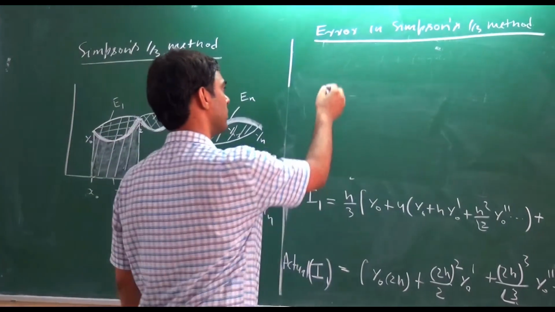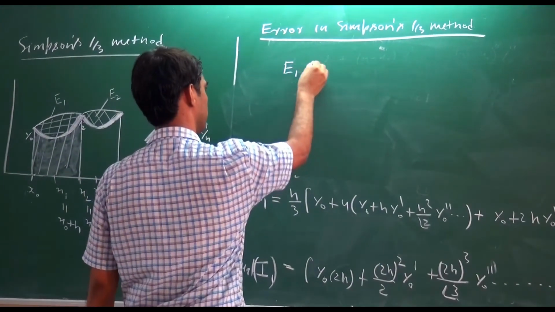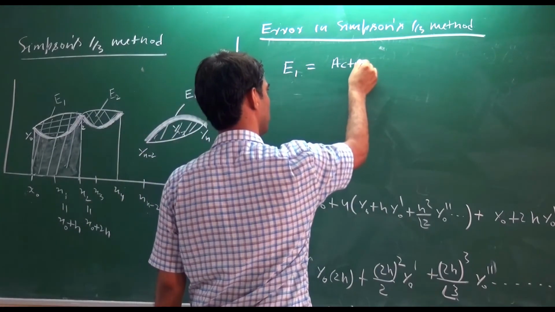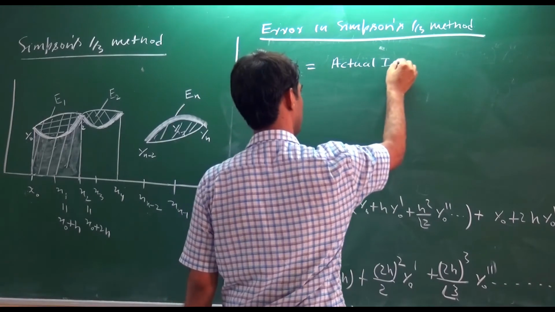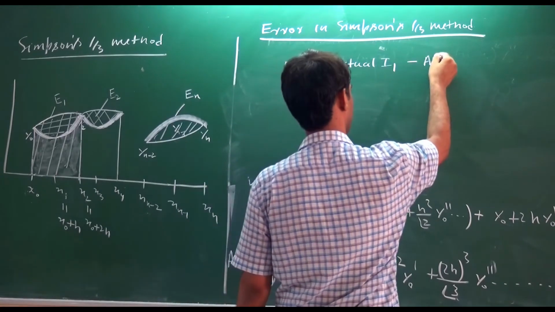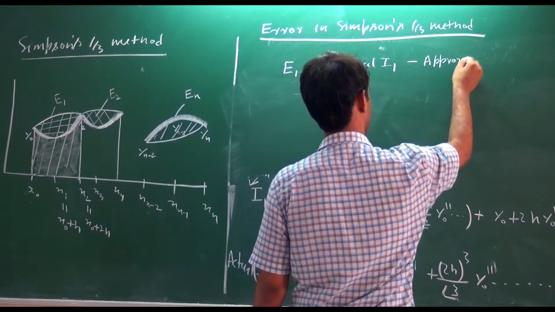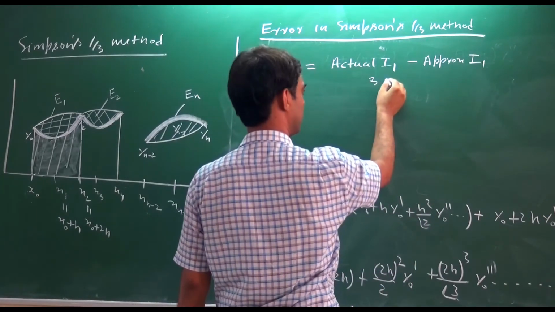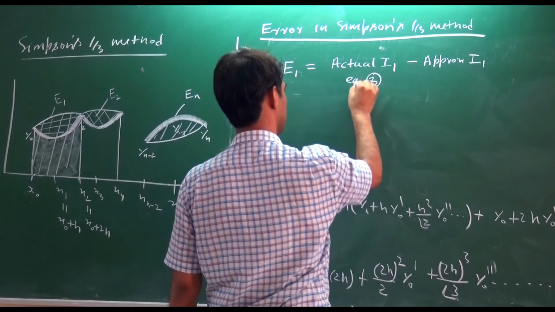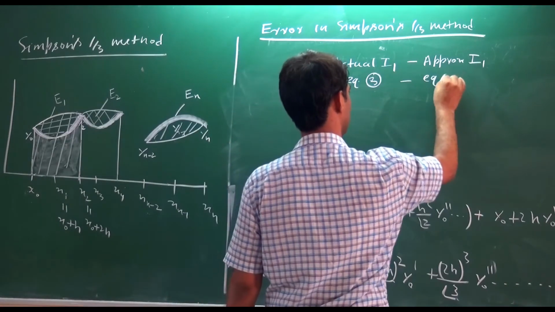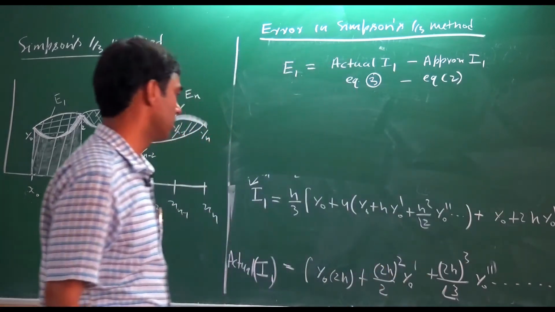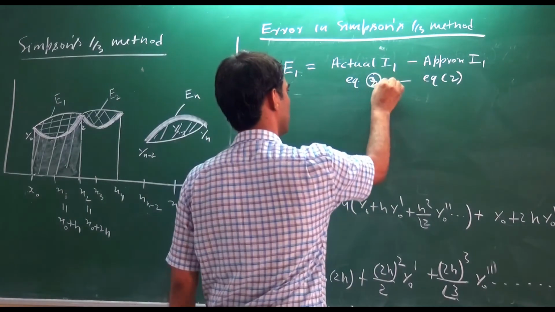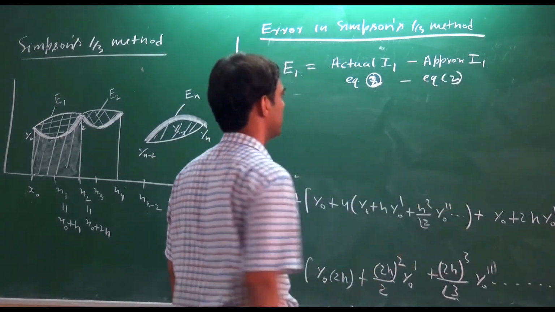E1 is the actual value for I1 minus the approximate value for I1, meaning equation 2 minus equation 3.